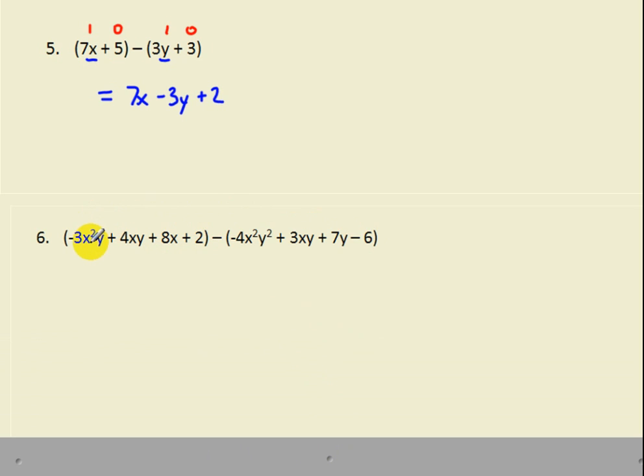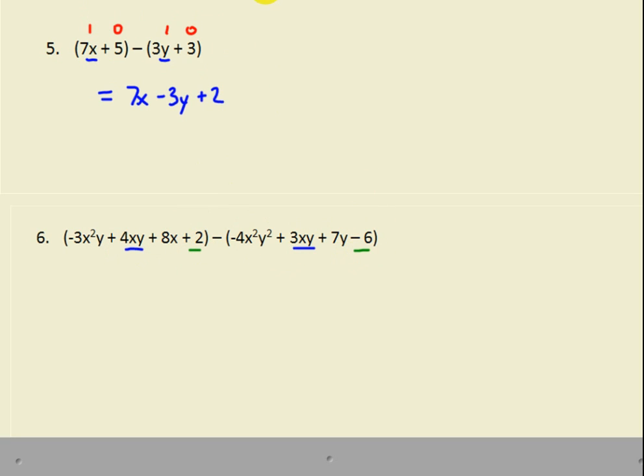And notice that here we have x squared y to the first, x squared y squared. Well, that doesn't match up. Here we have xy matches up with xy, so that's good. Then we have x, oh, but over here we have y, and then finally we have our constants.